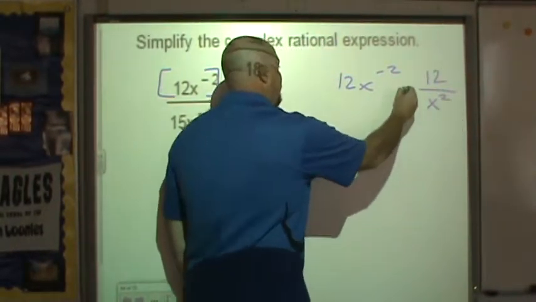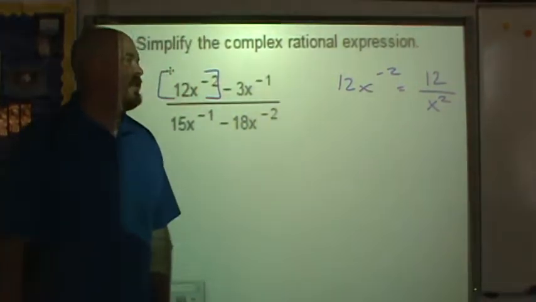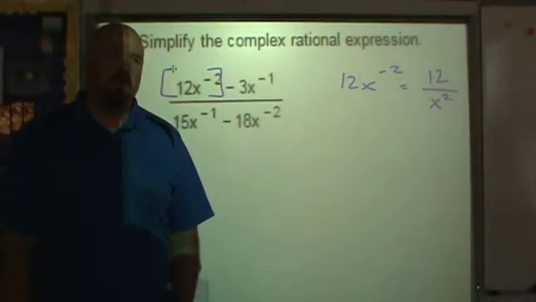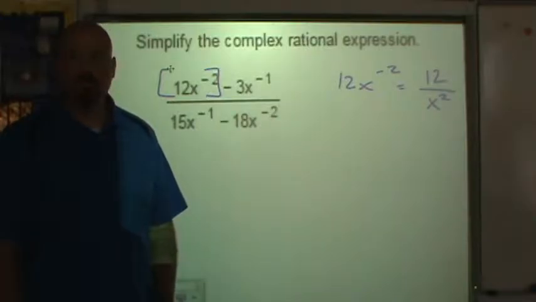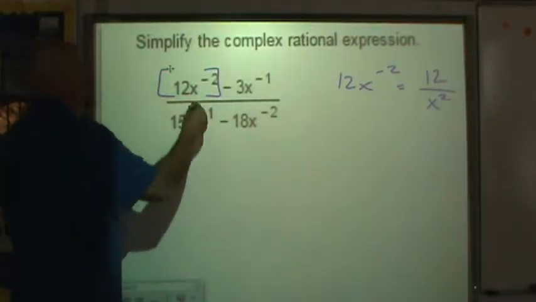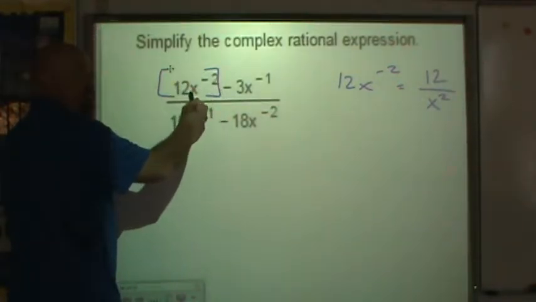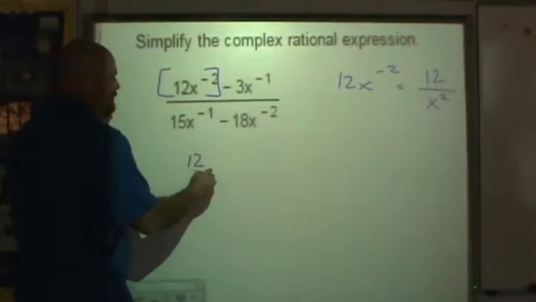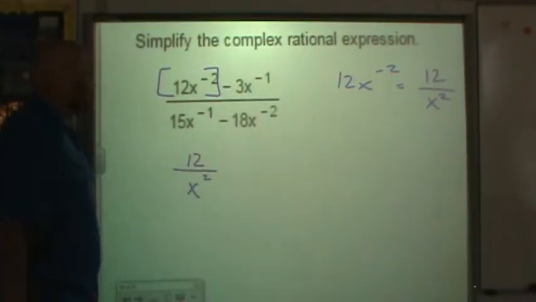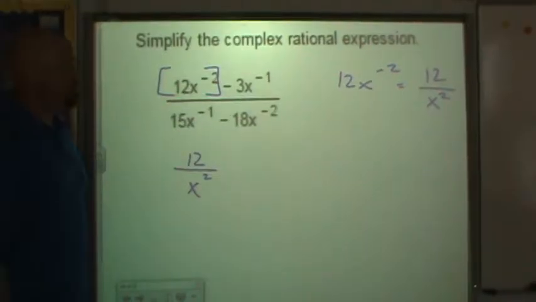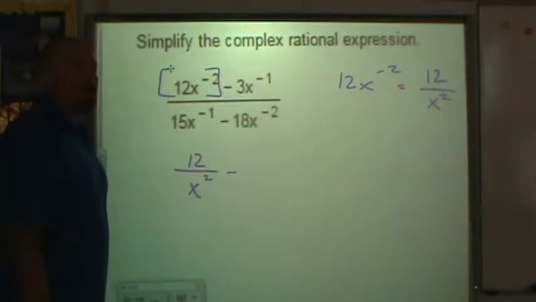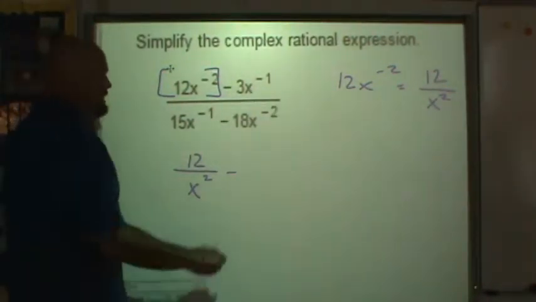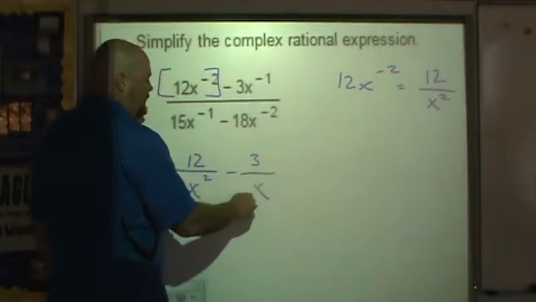So 12x to the negative second power is 12 over x squared. So that is going to replace this. So I'm going to have 12 over x squared. This term is going to take on a similar format, but it's going to be 3 over x.